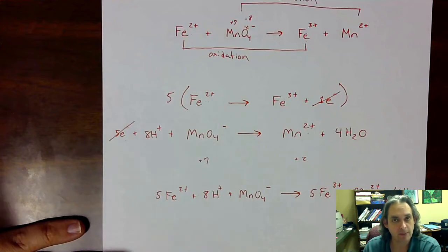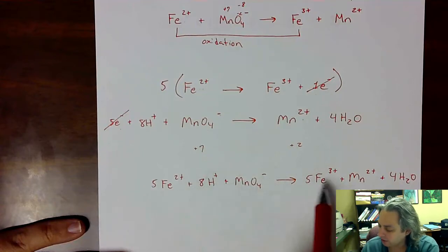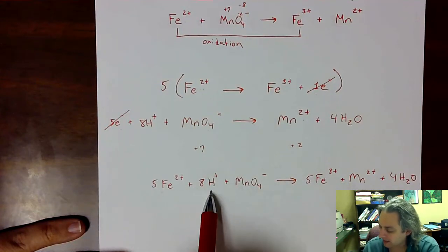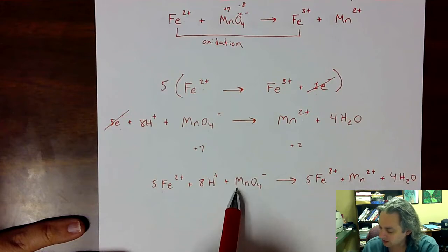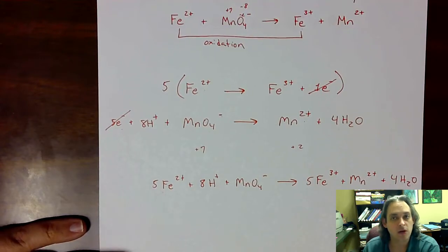Make sure that we are mass balanced and charge balanced. So let's check out the mass balance. We have 5 irons, 8 hydrogens, 1 manganese, 4 oxygens, 4 oxygens. We're mass balanced.